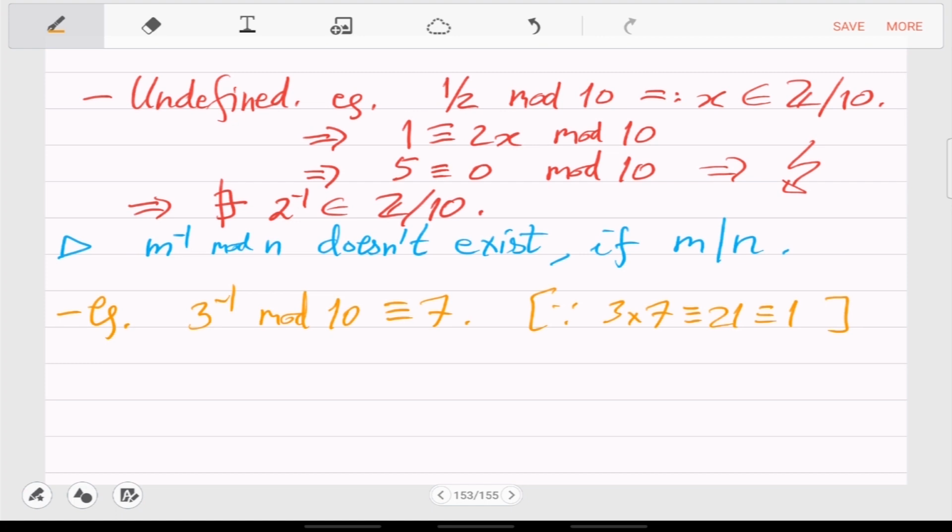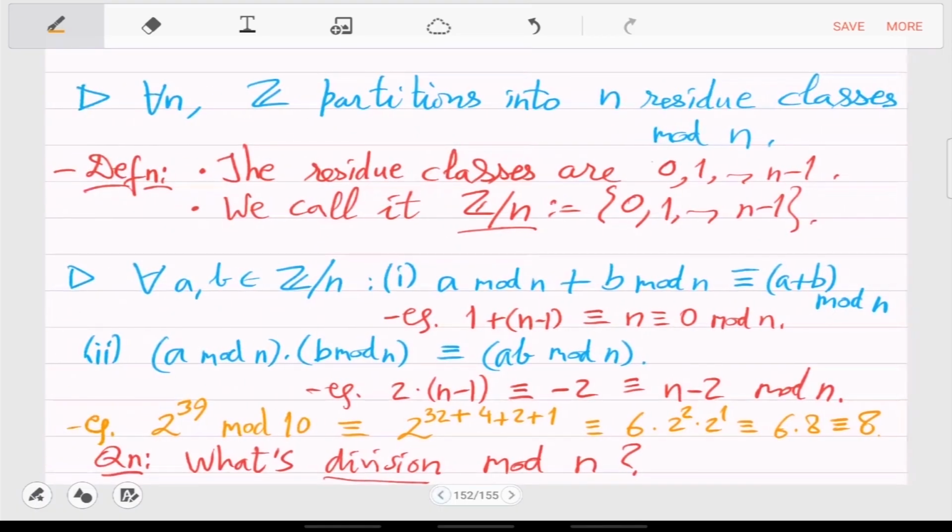So we can safely say that Z slash n inverse operator is absent. Or even with 0 removed, even for the non-zero elements of Z slash n, inverse doesn't exist.